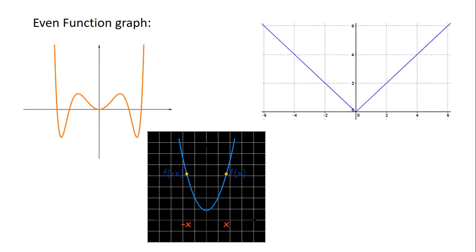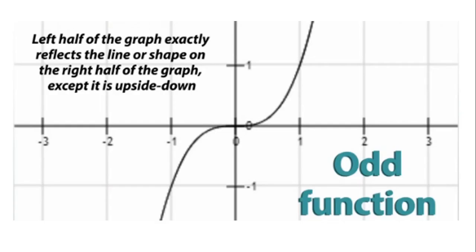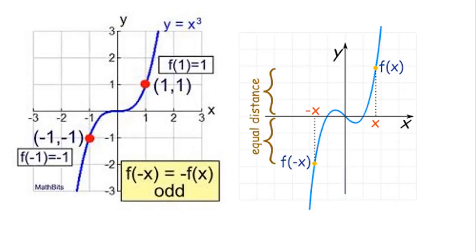So this type of graph, in which only x changes sign, is called an even function. This is the odd function graph. In this graph both x and y change the sign of the value.